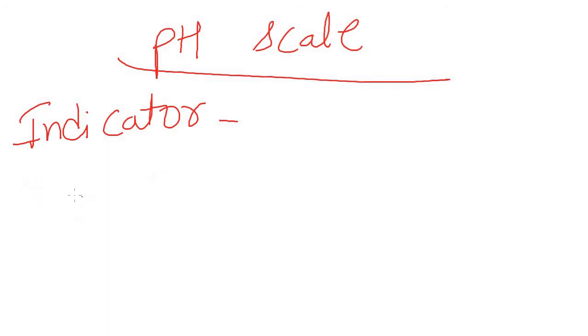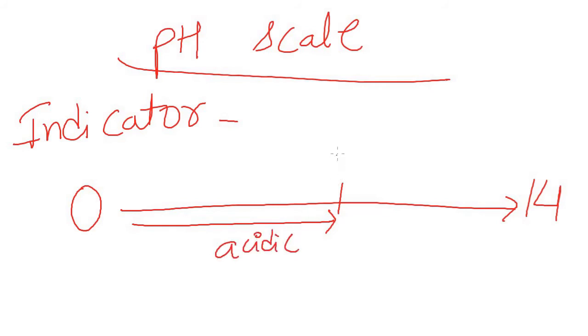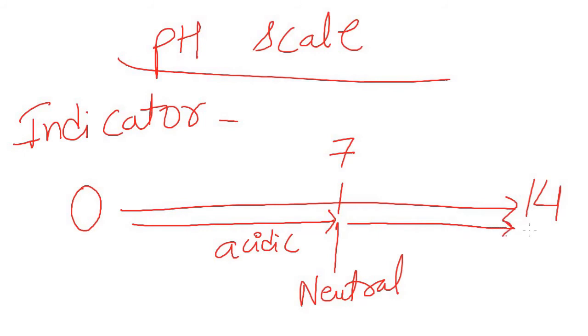Okay, so the pH scale goes from 0 to 14. You already know this. So 0 to 6.9 is acidic, and then this is 7, which is neutral, and then from 7.1 to 14 is basic. So remember this pH scale.